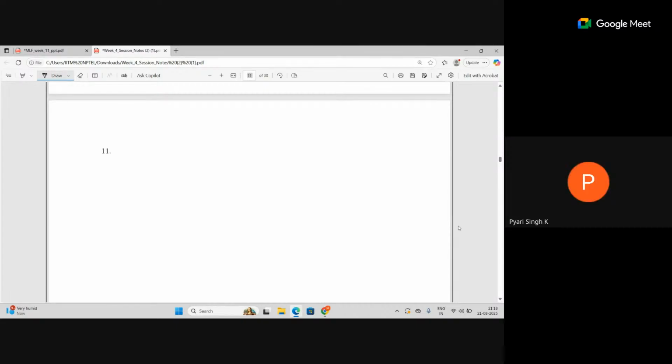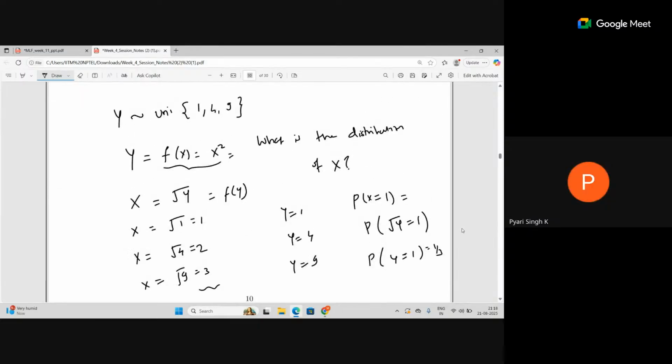Sir, in that case which you just showed, don't we have to take into account minus as well? I mean, x equal to root 1. So x can be plus and minus 1, right? No. Root of one is not plus or minus one, right?